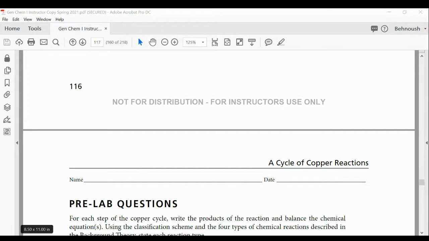Whatever we had before, that's what we are doing: experiment 10, part B, and then experiment 11. For experiment 11, the molar mass of the unknown.